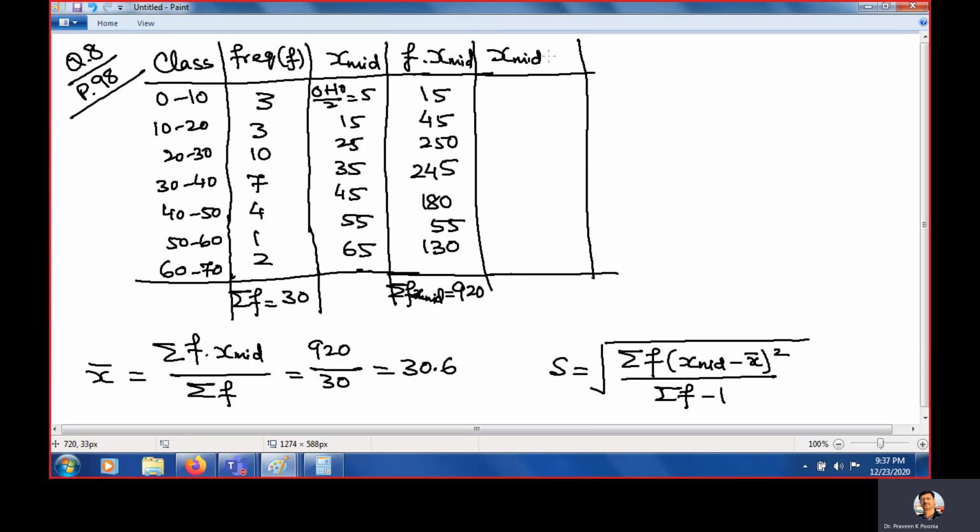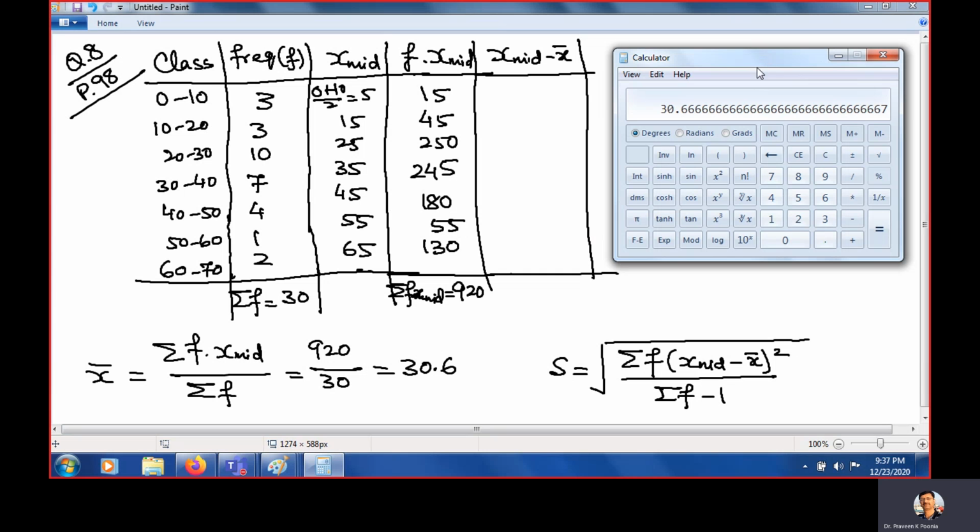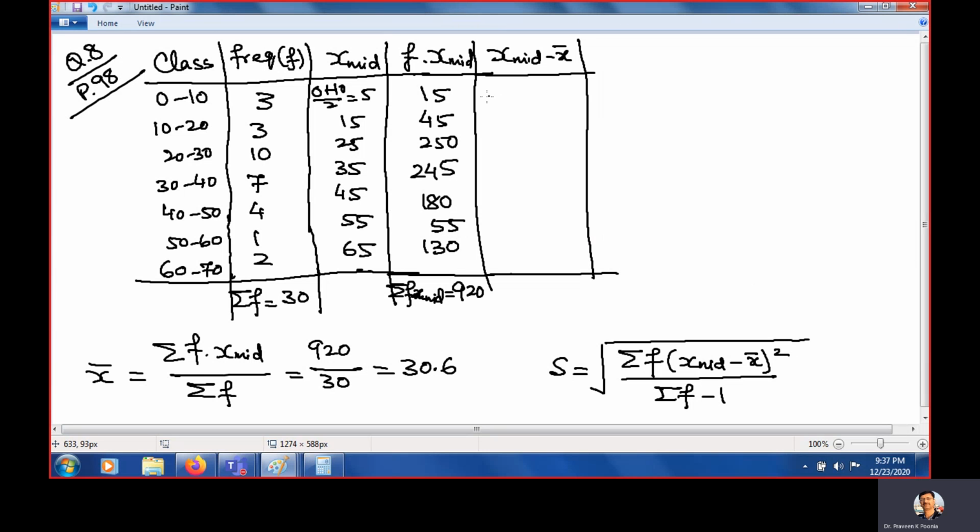So first we are going to find x mid minus x bar. Okay, so we will calculate it here. First value, x mid 5 minus 30.6, so it is minus 25.6. Clear? Because x mid minus x bar. Then 15 minus 30.6, so it will be minus 15.6.